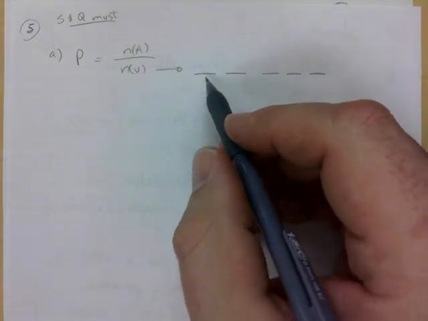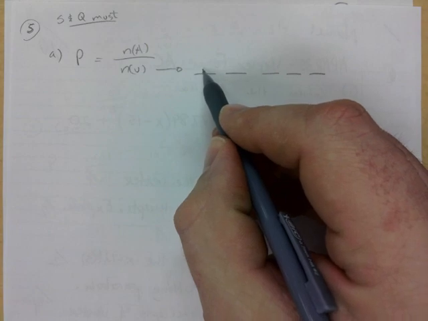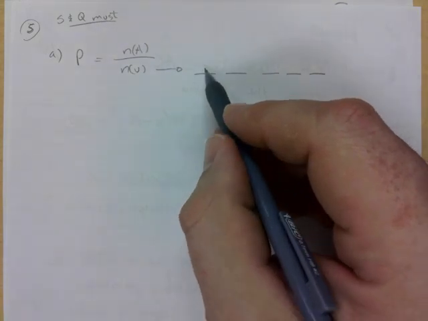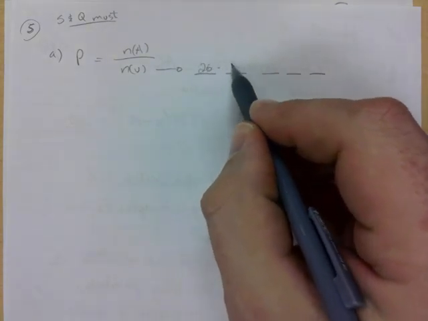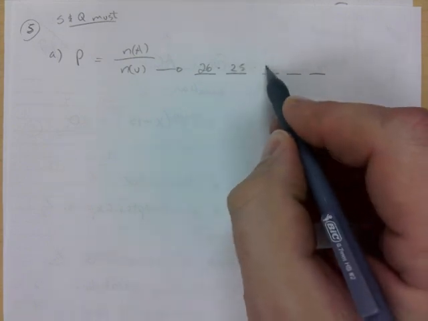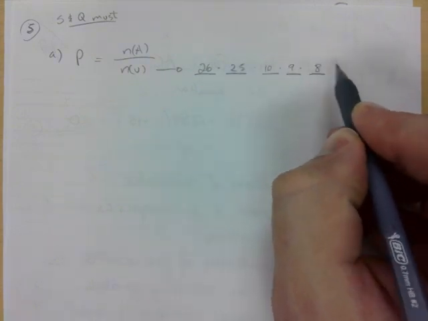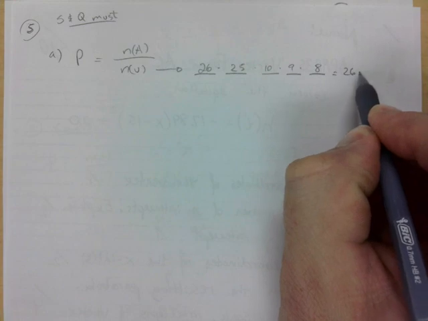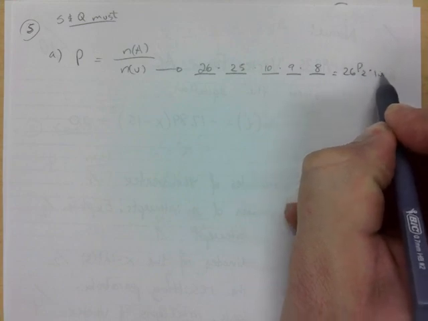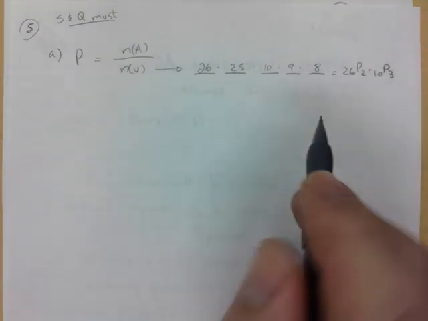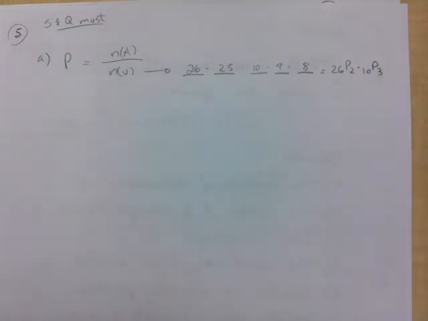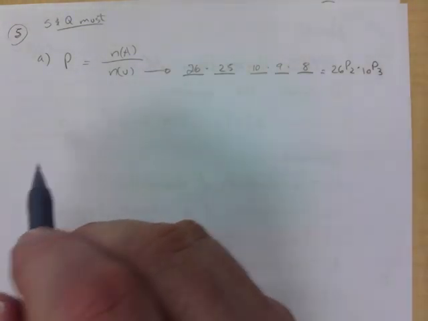Okay, that's the way the question is worded. So basically you would consider 26 times 25, those 2 letters, and then 10, 9, 8. That's 26 pick 2 times 10 pick 3. That would be the pool that I'm drawing from.